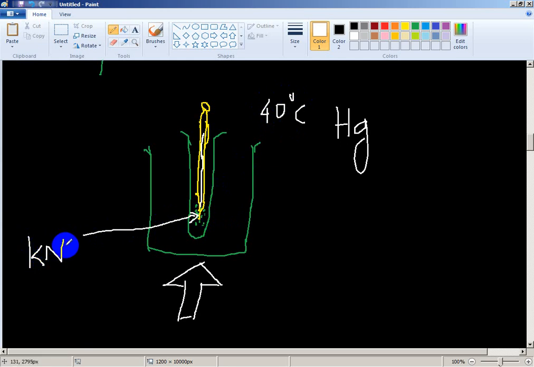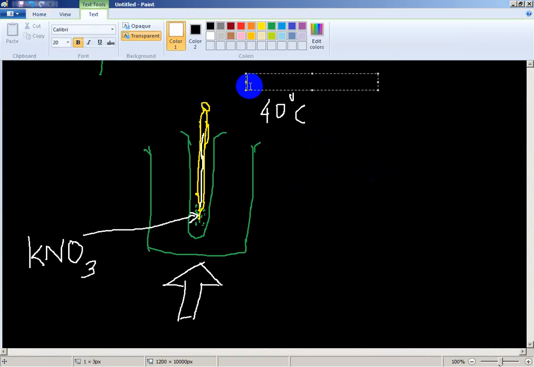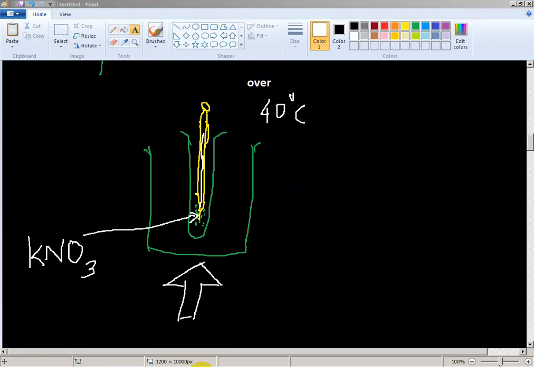I am doing these things in steps 1, 2, 3. Heat to over 40 degrees.